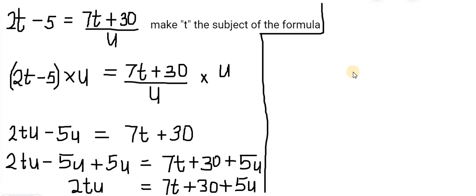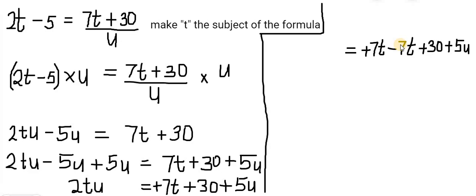Okay? So, to get rid of 7t from the right, I have to use the opposite sign of 7t. Now 7t has an invisible plus sign. I'm going to expose it right now here. And so because it has an invisible plus sign, I'm going to use the opposite sign or inverse sign, which is a negative sign, to get rid of it from the right.